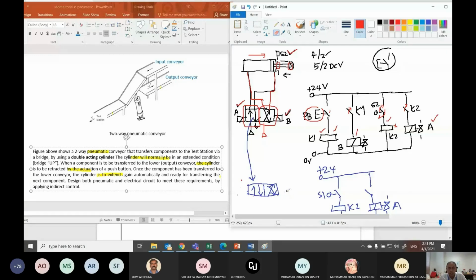In this case, the push button must be on this side, and then this is my solenoid.